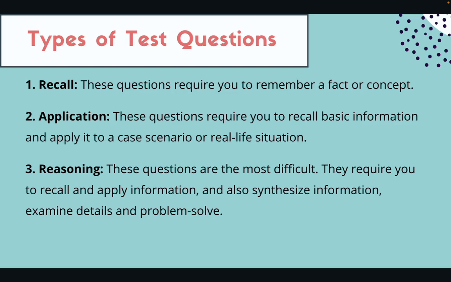They require that not only do you recall the information and apply the information, but that you can synthesize the information so you can summarize what it's saying, examine details, weigh what's important and what might not be important, and problem solve. A lot of times ethical dilemmas might fall under reasoning questions.